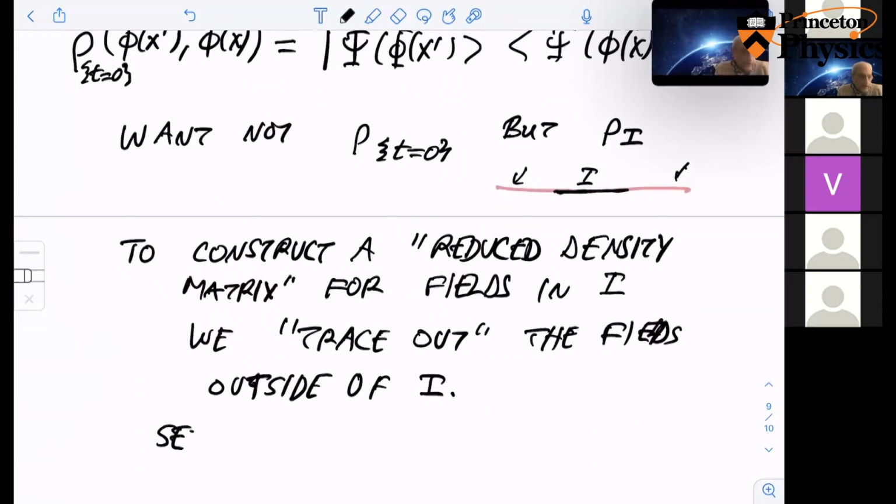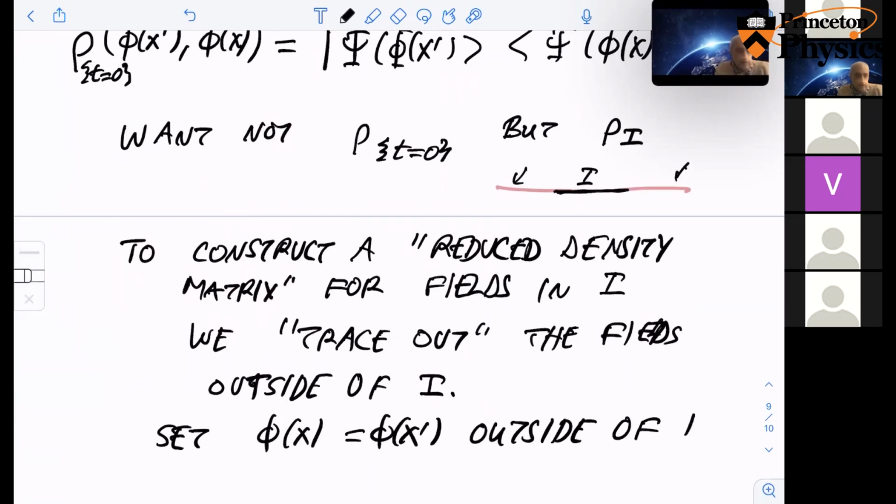So we set phi of x equals phi of x prime outside of I with no constraints within I.